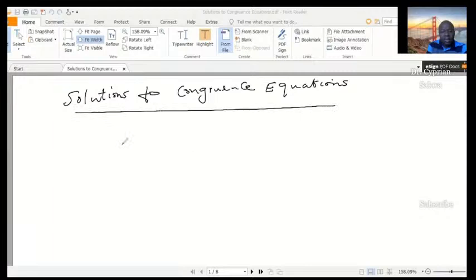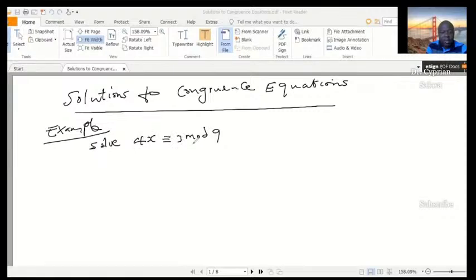Now, I'll begin with the first example. Solve for x: 4x is congruent to 3 mod 9. By a solution to this equation, what we want is the value of x so that 4 times x gives us 3.